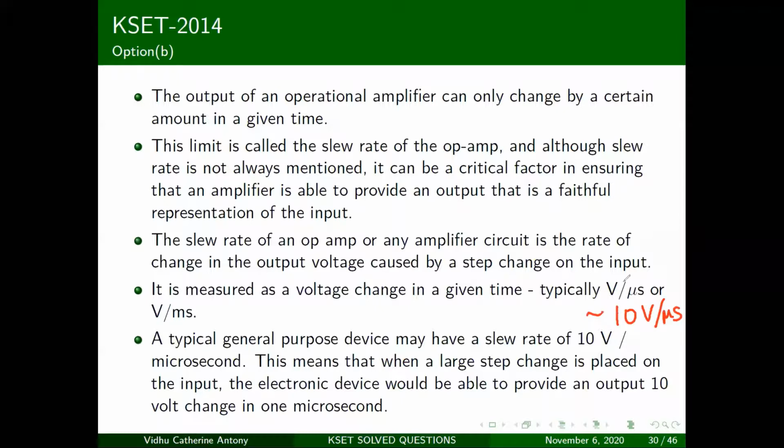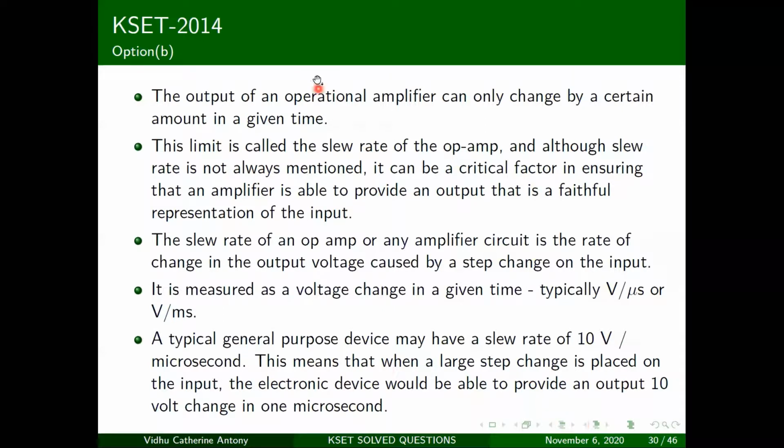Okay. So it should be around that for an average device, for a general purpose device. Now, this means that when a large step change is placed on the input, the electronic device would be able to provide an output of 10 volt change in 1 microsecond.